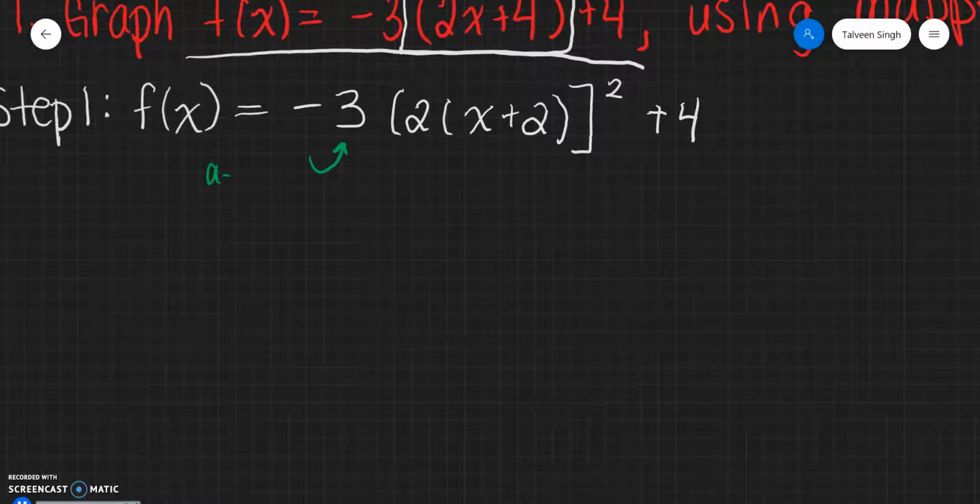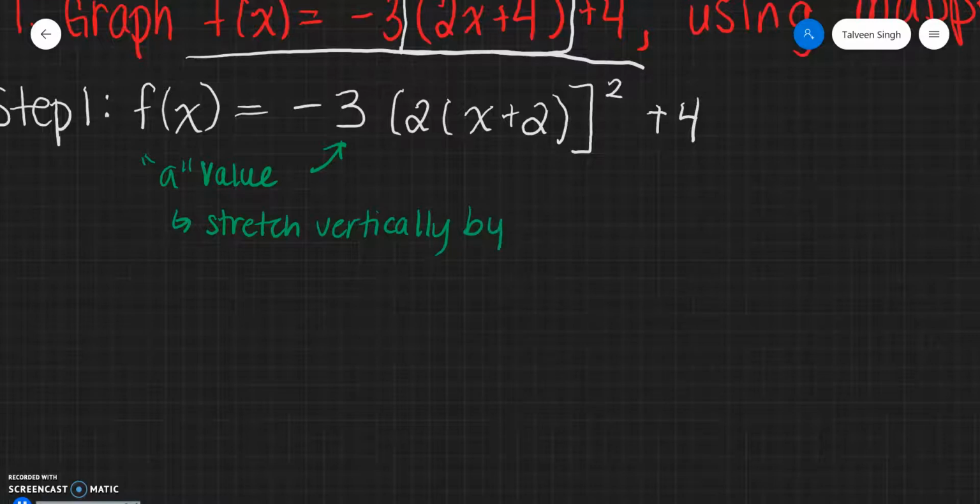This is our A value, and it just says that our function is vertically stretched by a factor of 3.